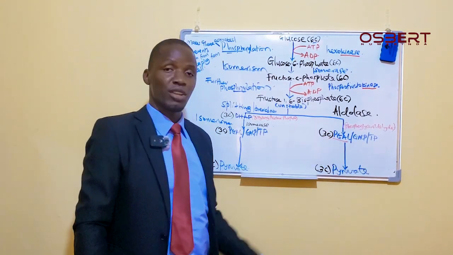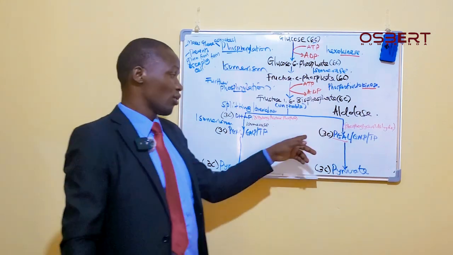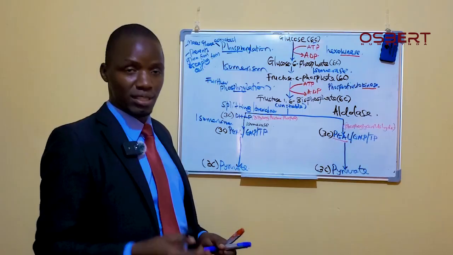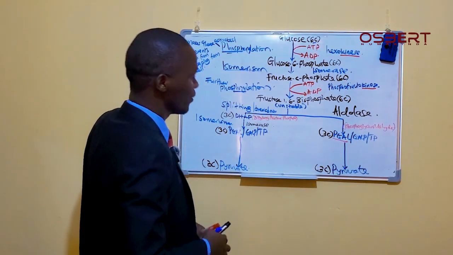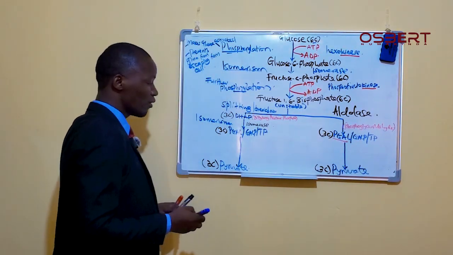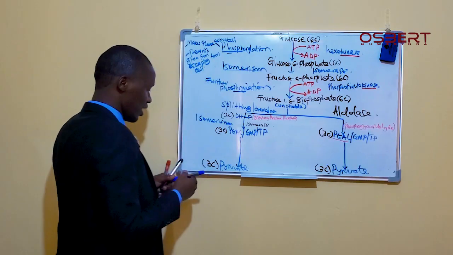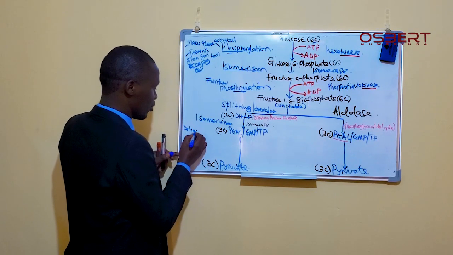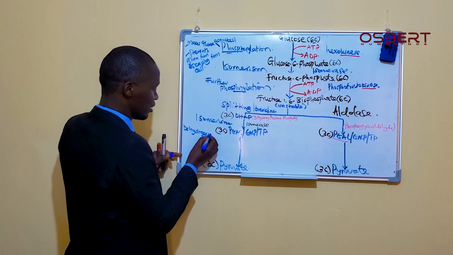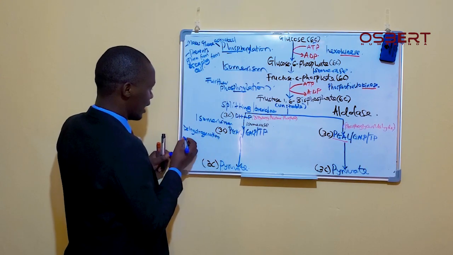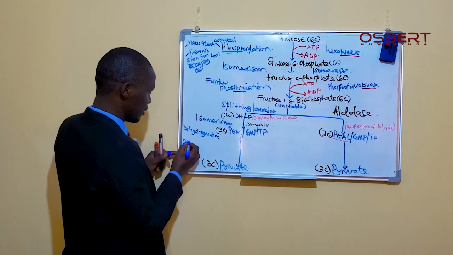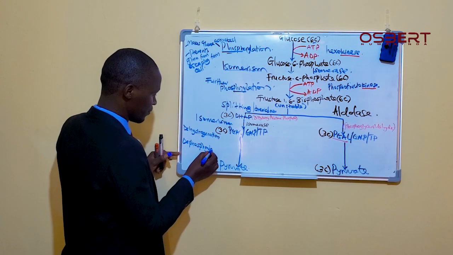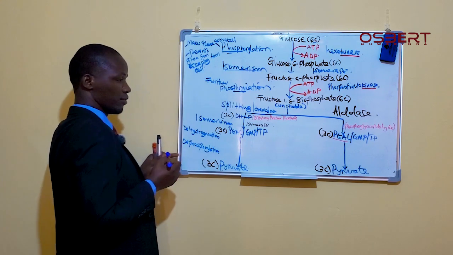So in this series of reactions, what exactly occurs? What occurs are 2 major processes. One of the processes is called dehydrogenation. And then the other one is called dephosphorylation.